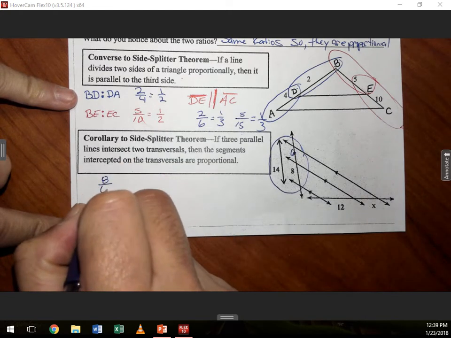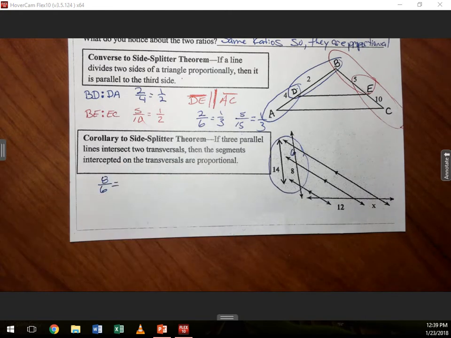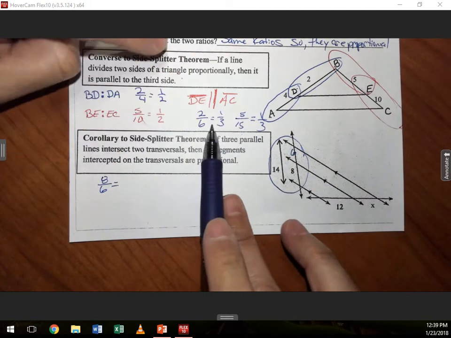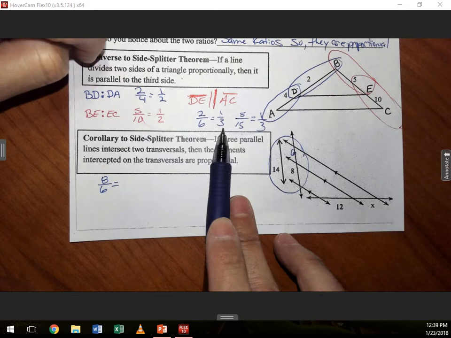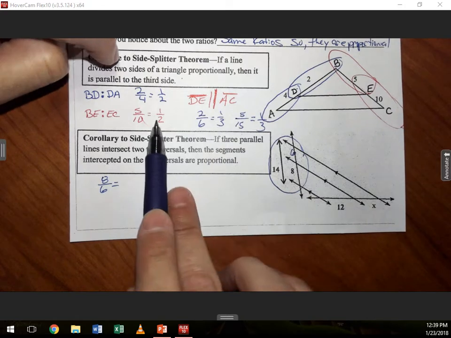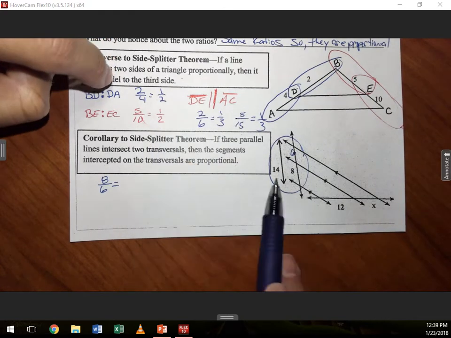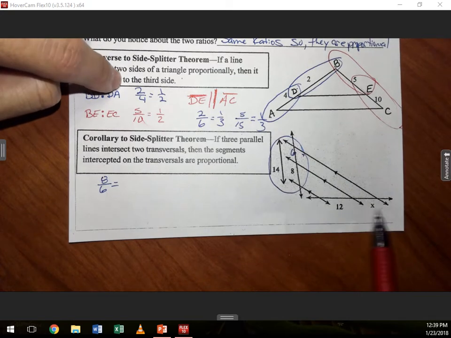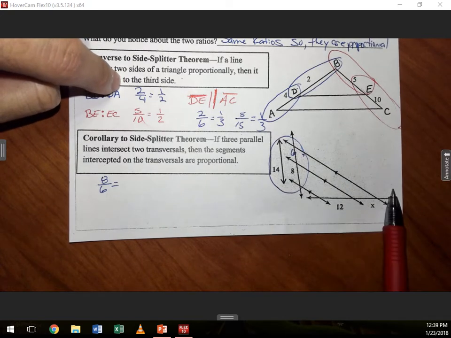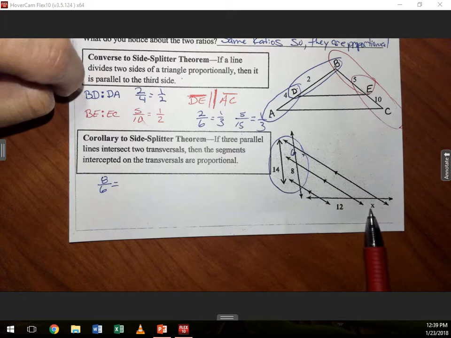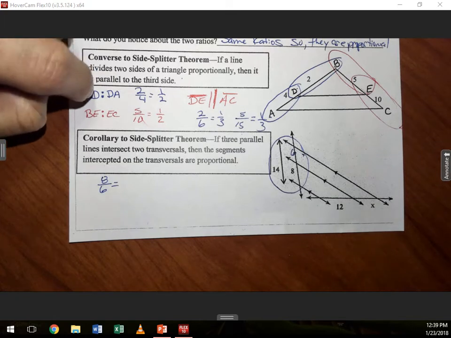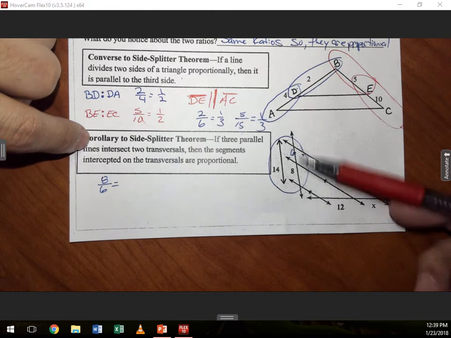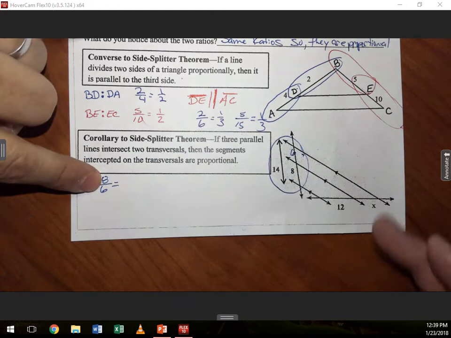So 8 over 6 is equal to, so now we're going to use an equation out of this, because every single time I did this, all of them are always equal to each other, aren't they? So whatever I get right here, it's going to be equal to whatever I get over here, right? Yes. And since we're trying to solve for a missing piece, I need to set it up like that. So that's why I'm using 8 over 6. So I have that is going to be equal to, what's the other side?